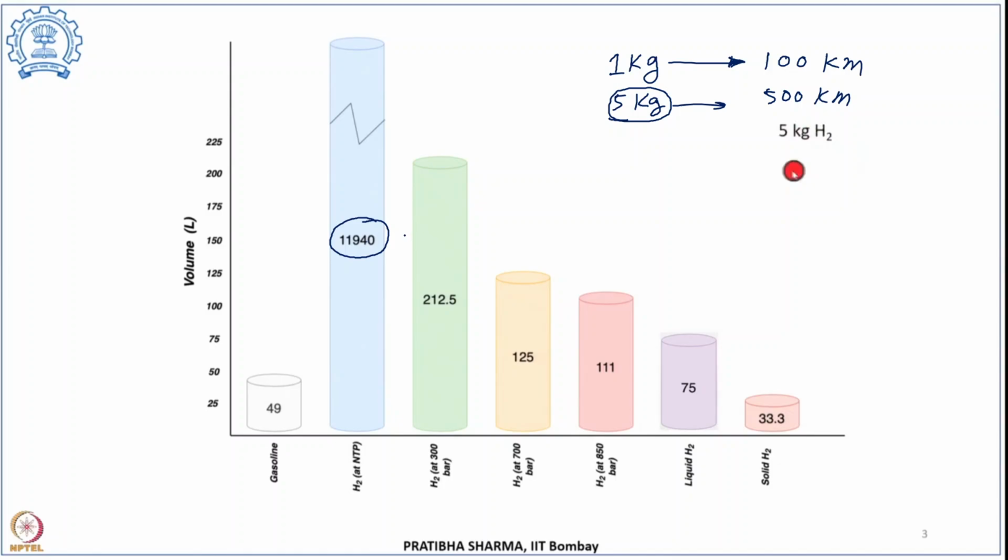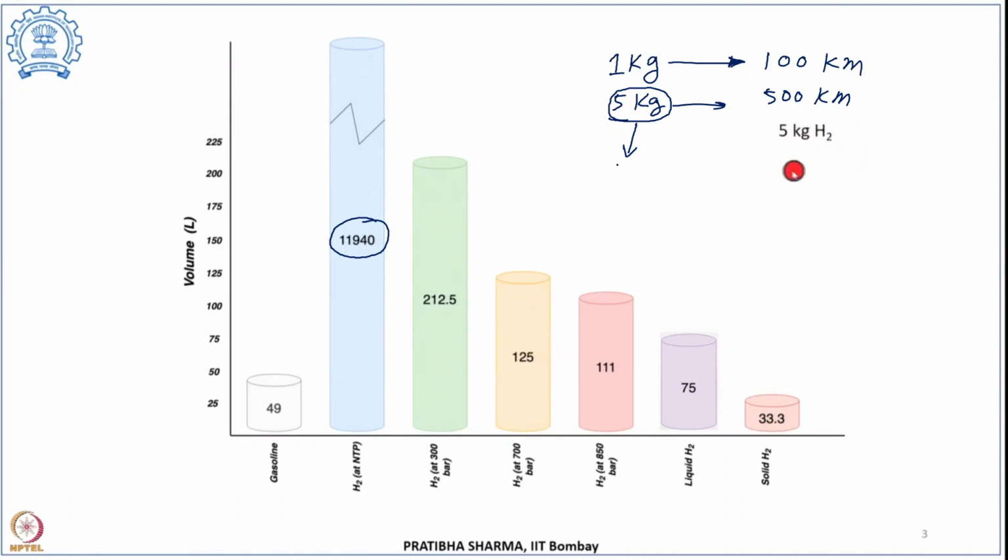Is it possible to accommodate such a high volume of tank in your bike or two wheeler? This is never possible, so that your scooty or bike can run for 500 kilometers if you refuel the hydrogen at one time.